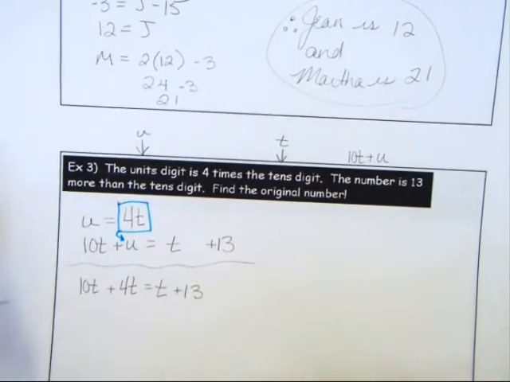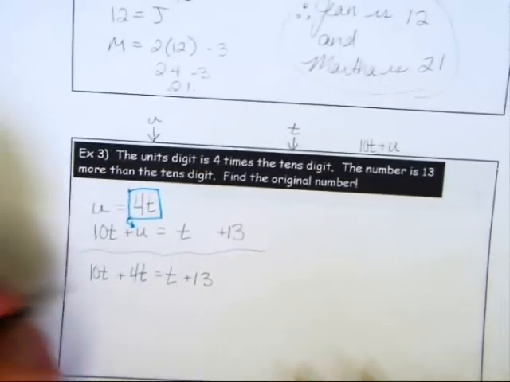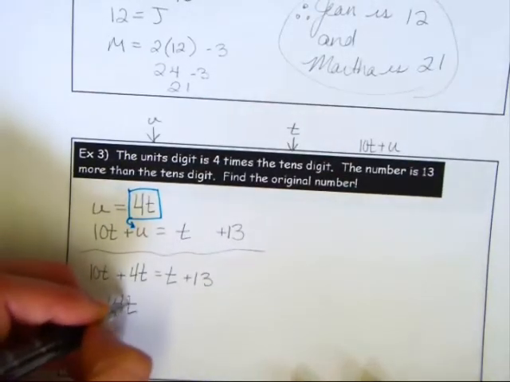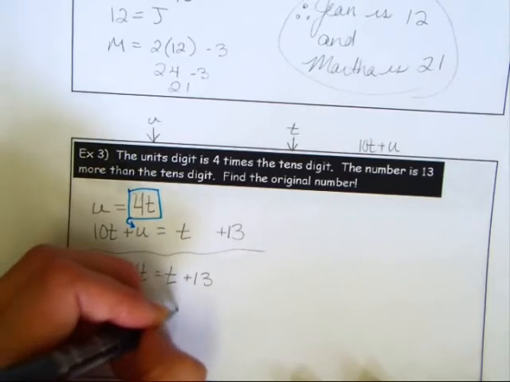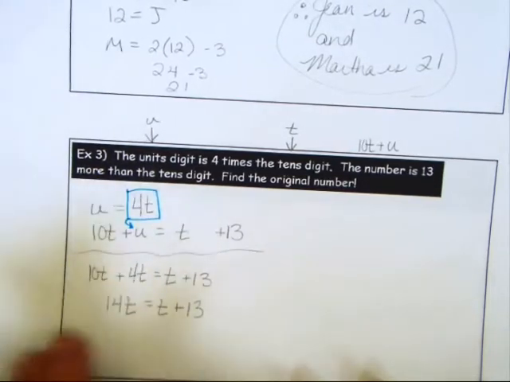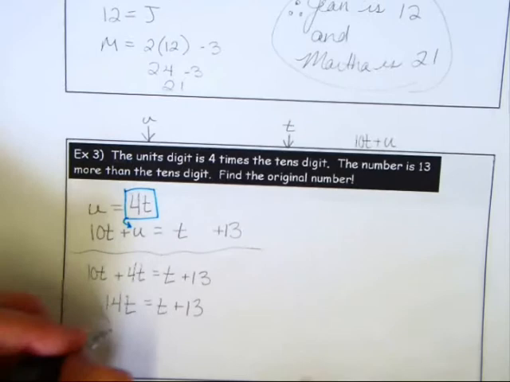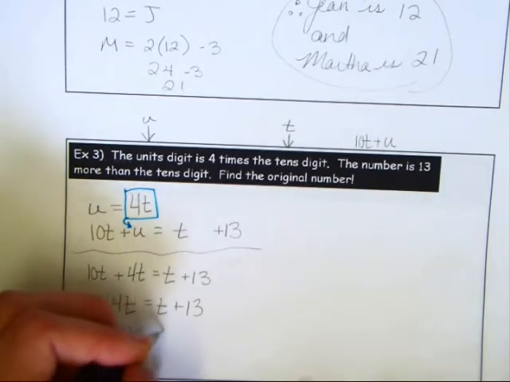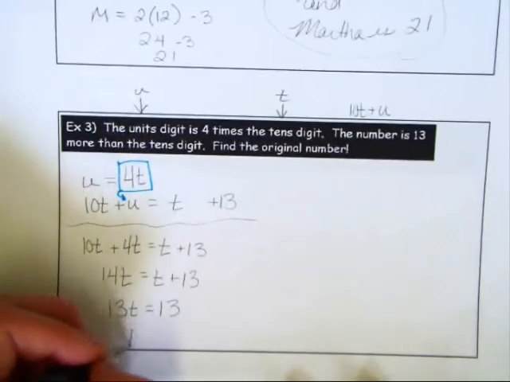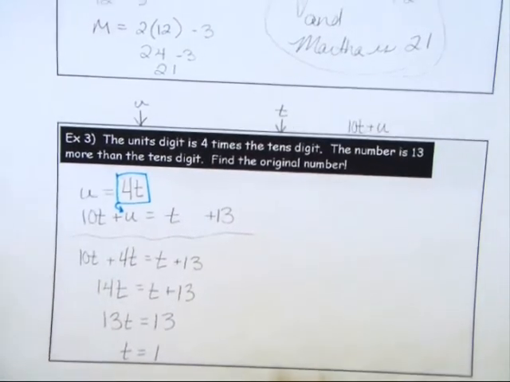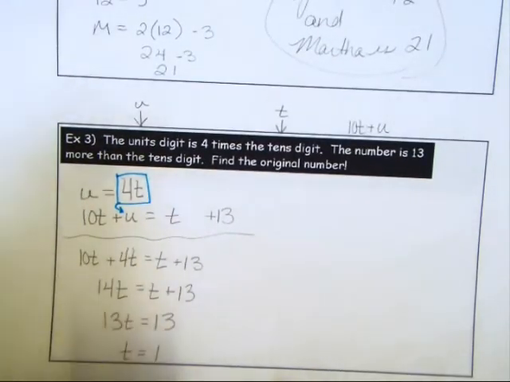Using substitution skills, 10t and 4t make 14t equals t plus 13. Take away a t from both sides, you get 13t equals 13. Look how pretty this is. t is 1. We'll talk about what that means in a minute.